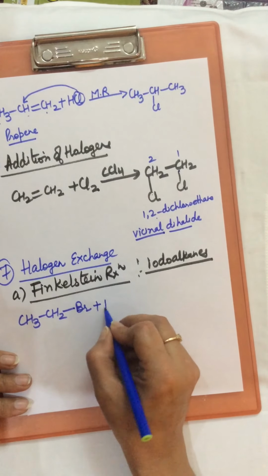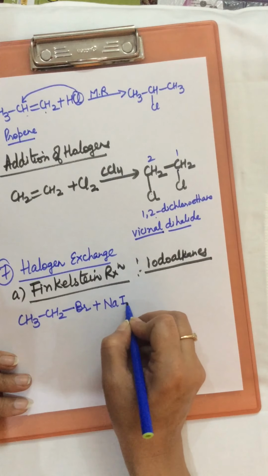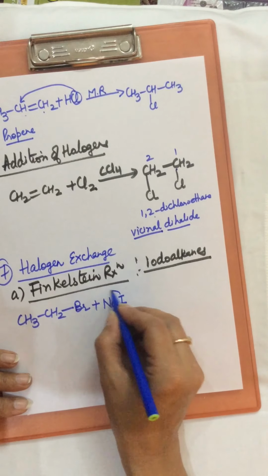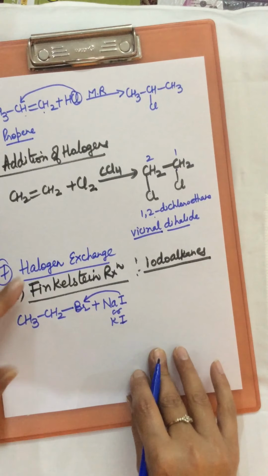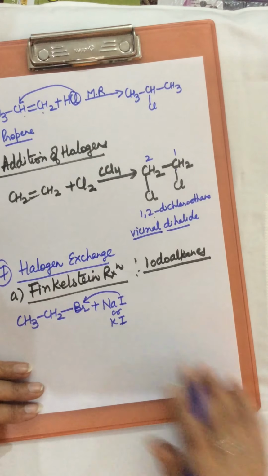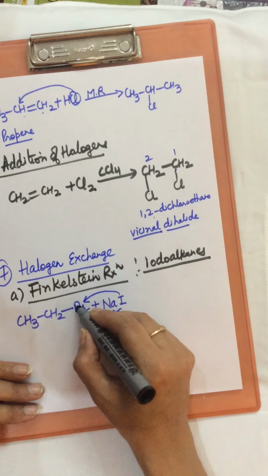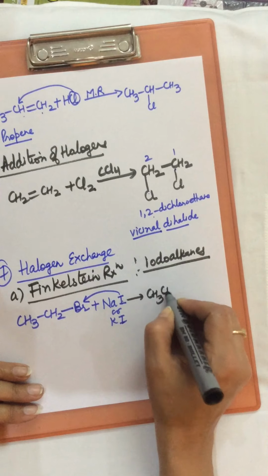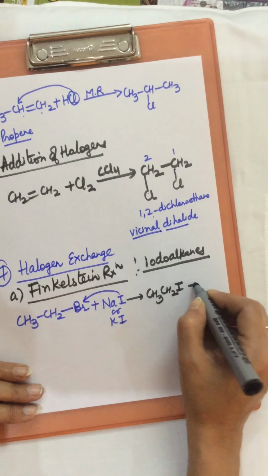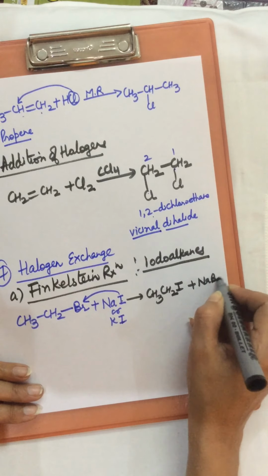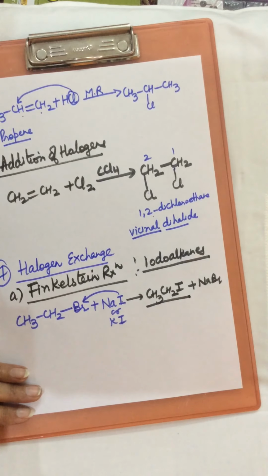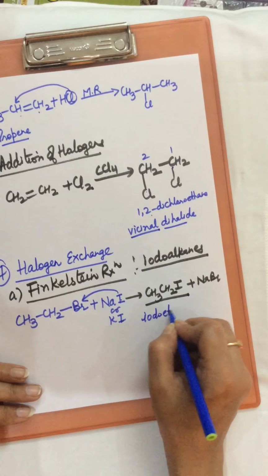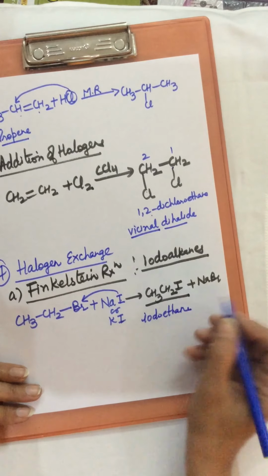To this, when we add NaI or KI, there is halogen exchange. Halogen will exchange here, I will come here and Br will go there. CH3CH2I plus NaBr. So we get an iodoalkane here. This compound is called iodoethane.